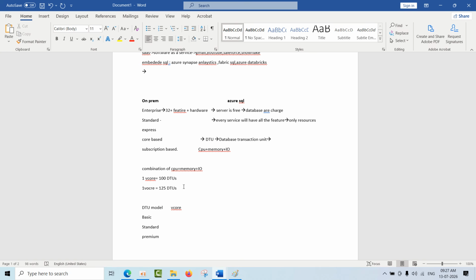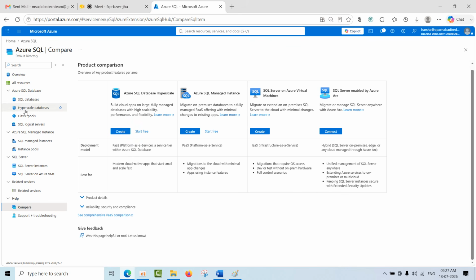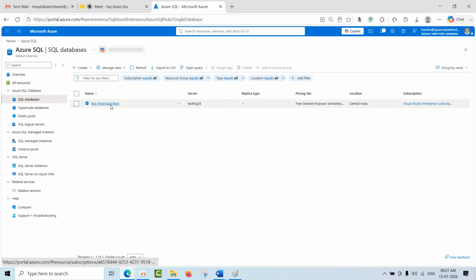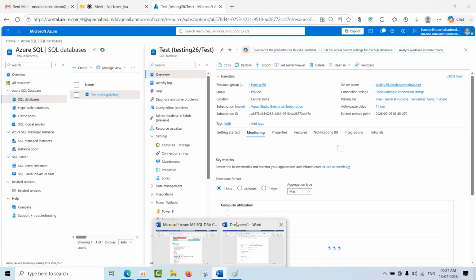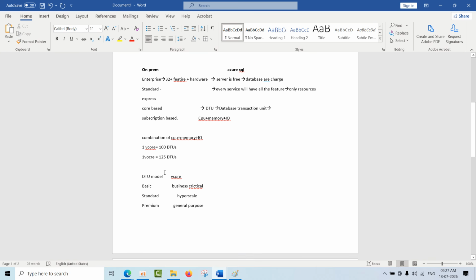In the DTU model we have this one, and in the vCore model we have business critical, hyperscale, and general purpose. So these are all the models we have.